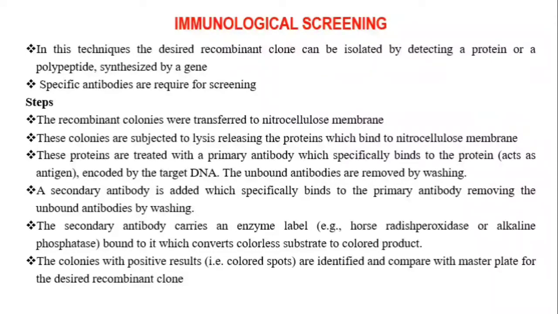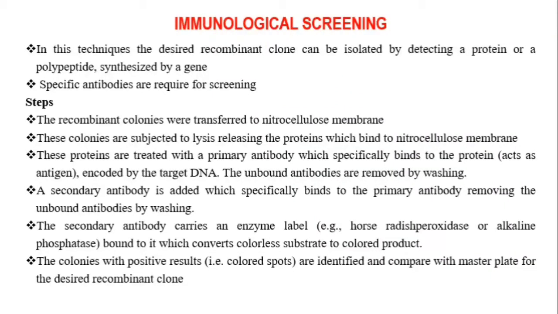But here, we'll detect the protein or peptide synthesized by a gene. That means in this technique, we'll isolate the desired recombinant DNA clone by detecting the protein or polypeptide synthesized by a gene.